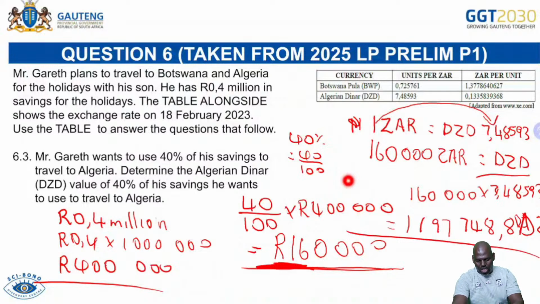You can just indicate 80. Okay, so this is the answer. We first need to convert this to an ordinary number, which is 400,000, and then we calculate 40%, and we got 160,000 rand. Then that 160,000 rand we convert to the Algerian currency. So that was number 6.3.